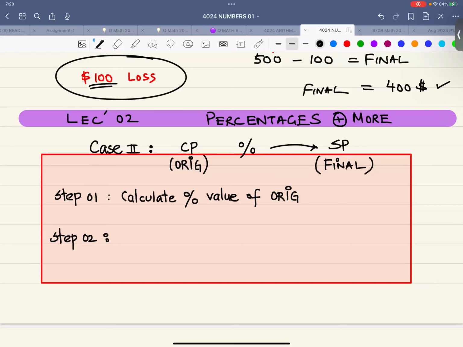There are two options. The first option, if we are talking about profit, and the other, if we are talking about loss, the rule is pretty basic. Selling price is cost price plus profit. Remember this rule. And for loss, selling price is cost price minus loss.